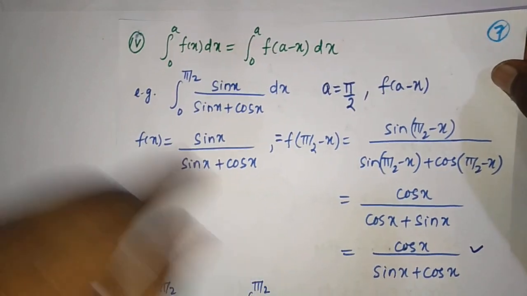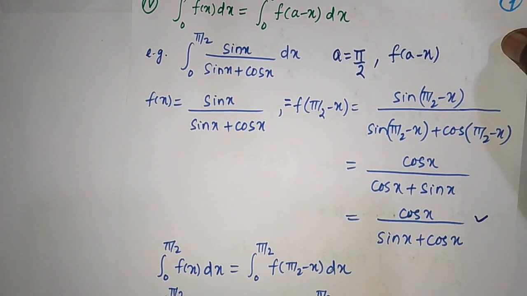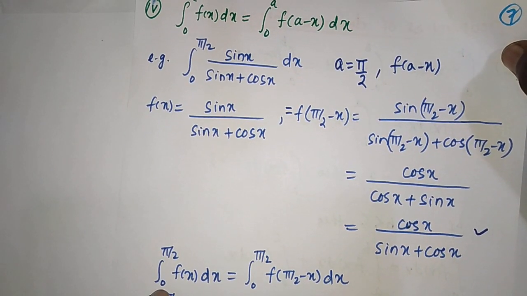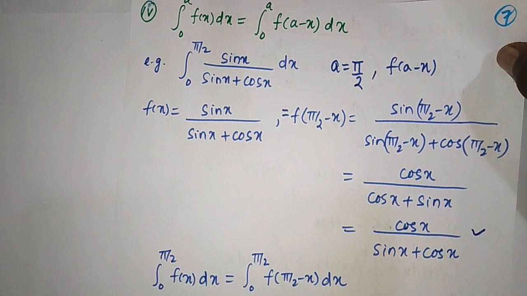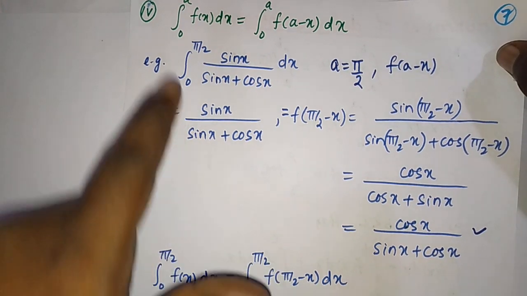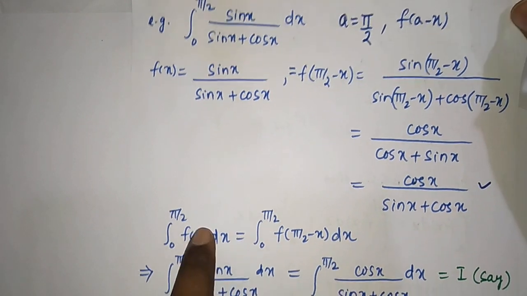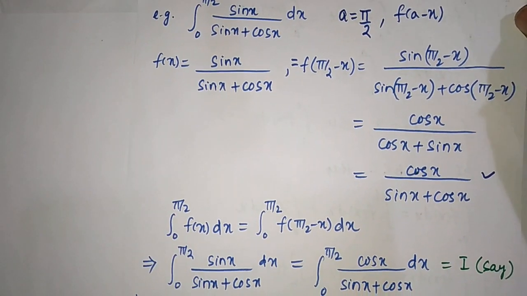According to this property, integration of f of x from 0 to pi by 2 is equal to integration of f of pi by 2 minus x from 0 to pi by 2. Here in place of a we put pi by 2.